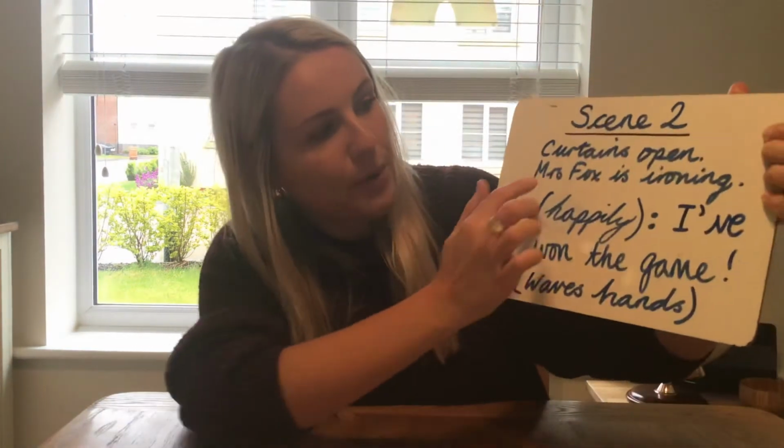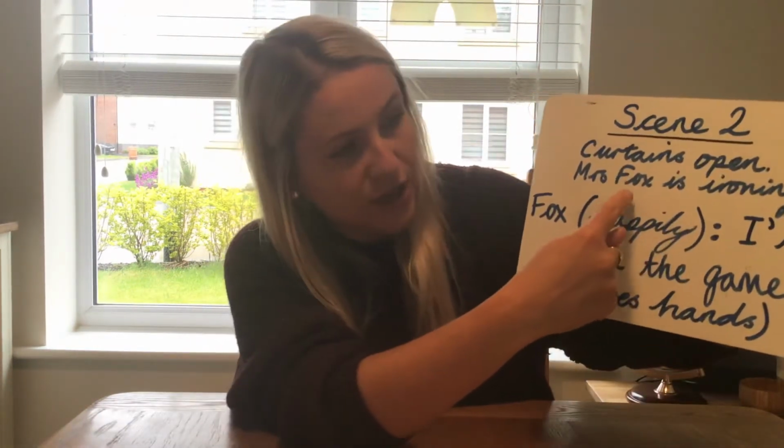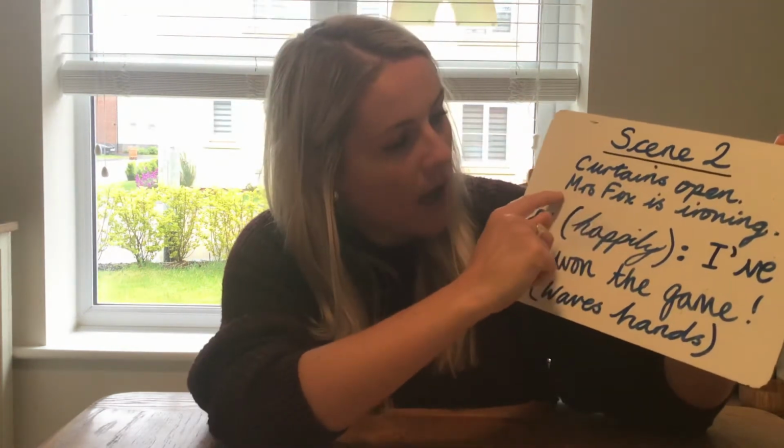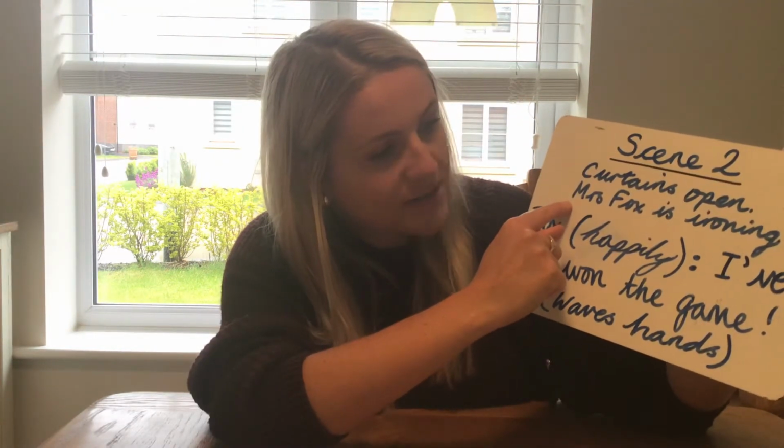So here, for example, underneath scene 2, we've got some stage directions, and it says curtains open. So no one's going to say that, but the actors know that that's what it needs to look like. It then says Mrs. Fox is ironing. So the person playing Mrs. Fox knows that she needs to be on the stage ironing at that time.